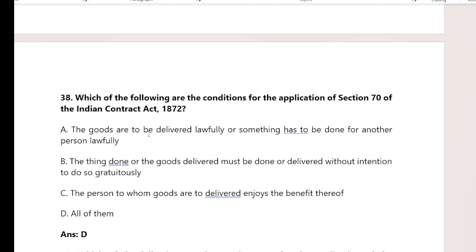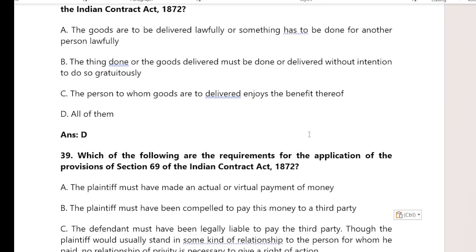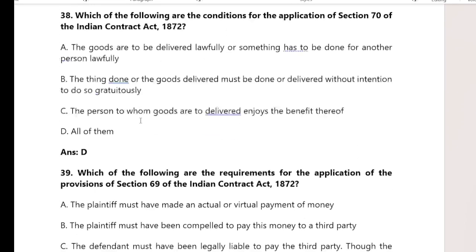The goods are to be delivered lawfully, or something has to be done for another person lawfully, and the thing done or goods delivered must be done or delivered without intention to do so gratuitously. And option C is the person to whom the goods are delivered enjoys the benefit thereof. Then all of them. The right answer is all of them.